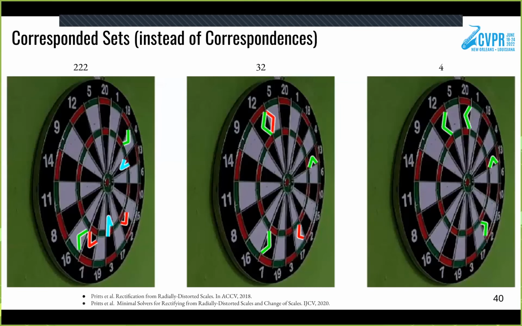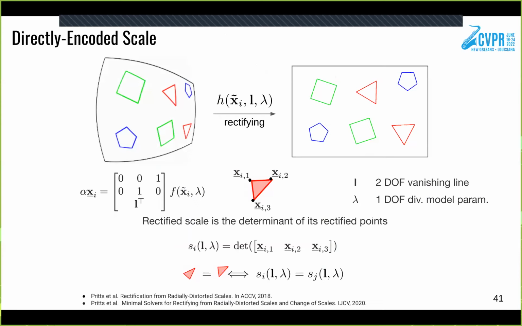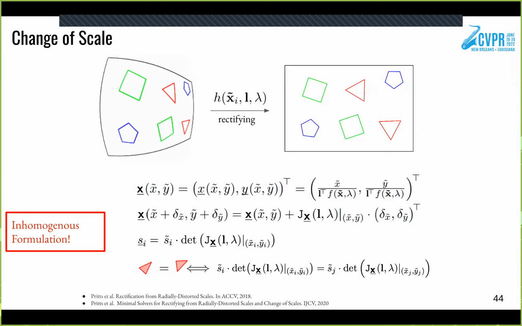That's giving you, for example, on the left in these images, a distorted measure of the scale, because I can take the determinant of that, right? And so that's S I tilde. Now I need to change that scale such that it equals the rectified scale. And where the constraint comes in is we know that if these repeats are in correspondence, their rectified scales must be equal. And so that's the bottom equation.